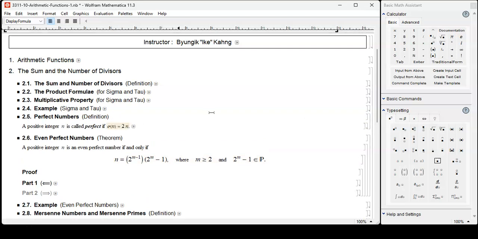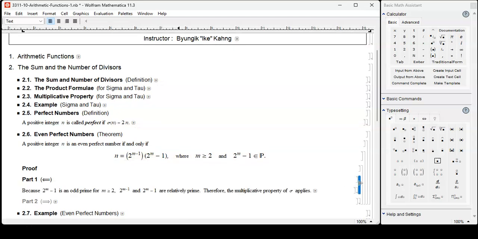Sigma of n is 2n. Let's calculate the sigma of this product. And this product, odd times even, actually even times odd, we're looking at 2 numbers that are relatively prime. This one has only prime factor 2, and this one is odd, so they don't mix. They don't share any prime factor, so they are relatively prime.